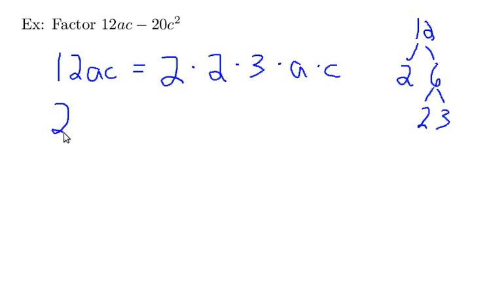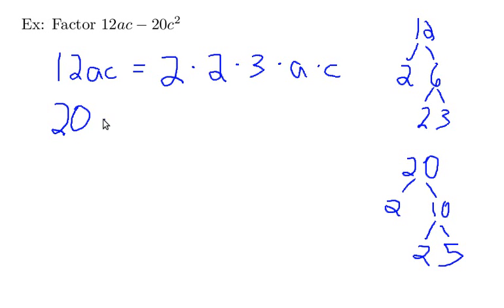And then 20 is equal to 2 times 10. This 10 is 2 and 5. So 20c squared, I've got the c squared, is going to be equal to 2 times 2 times 5.